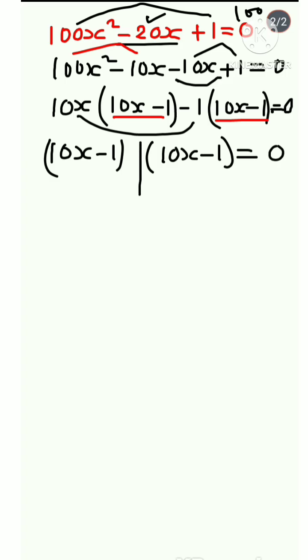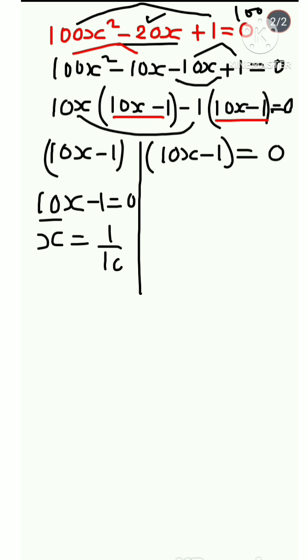Okay, now make 10x minus 1 equal to 0. Then we obtain the first root, x equal to, firstly minus 1 goes to RHS and becomes plus 1, and this 10 also goes to RHS over here.